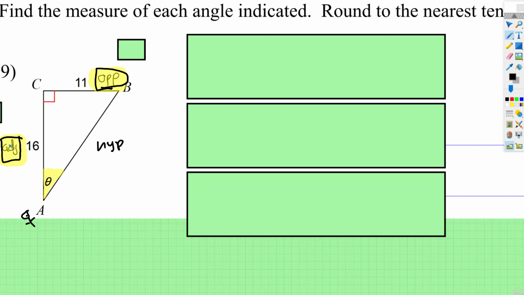And then I stopped and gave some thought: which trig ratio uses the opposite and adjacent? Well, hopefully you came up with tangent theta is opposite over adjacent. And then you can fill in those pieces.